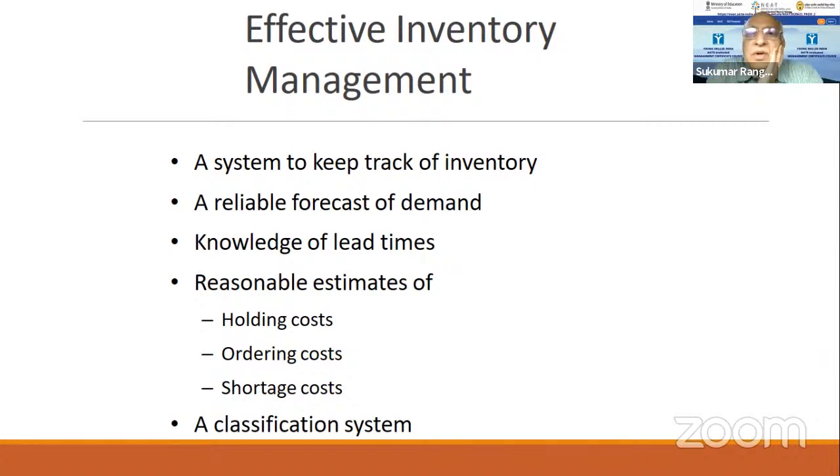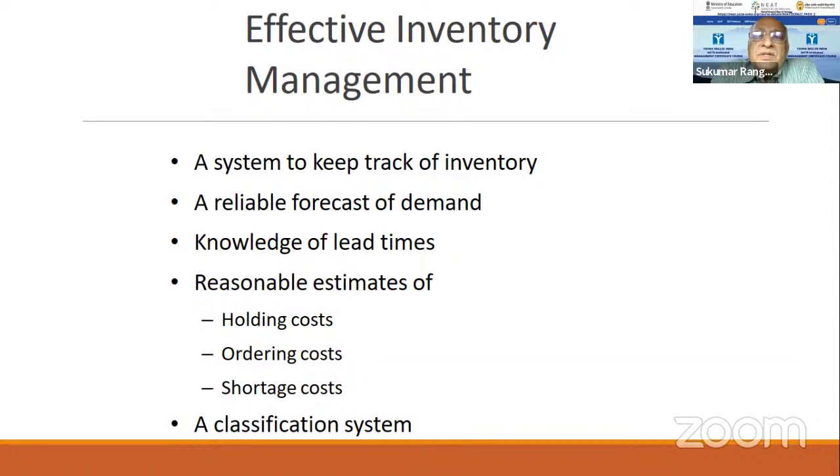So a system to keep track of inventory is needed. The inventories may be there not only inside your factory, but it can be in process. It may be lying with the godown of the supplier, waiting to be shipped, right? Or in many cases, when you're tracking supply chain management, it could be in the process of manufacture at your supplier.